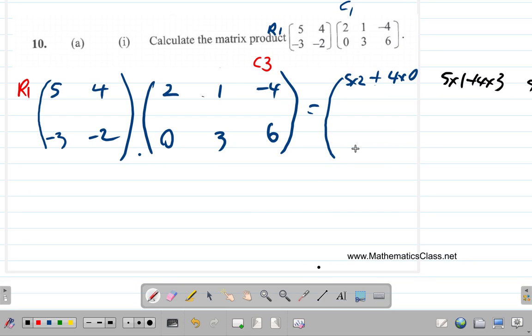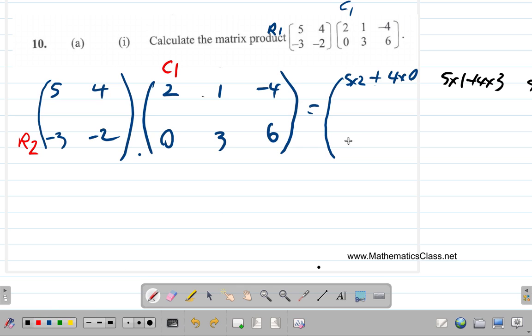Now, row 2 and column 1. So you must multiply row 2 by column 1 now. First in row 2 by first in column 1, plus second in row 2 by second in column 1.